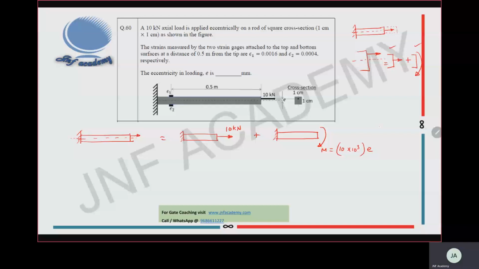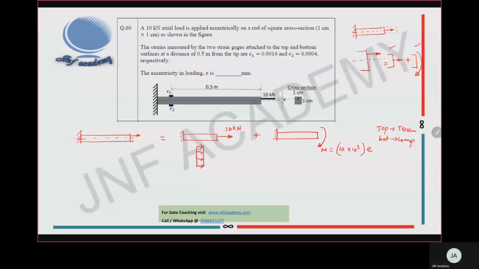Here the top layer is in tension, the bottom layer in compression. For this case, if you draw the stress distribution, it will come like this. It will vary in a uniform manner because you are idealizing this condition.